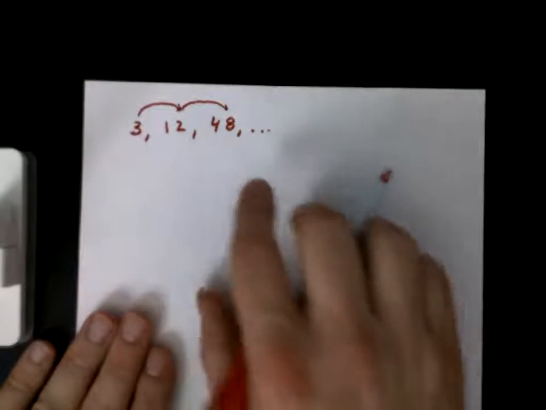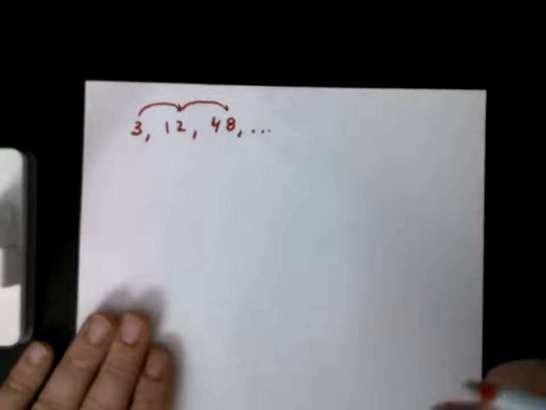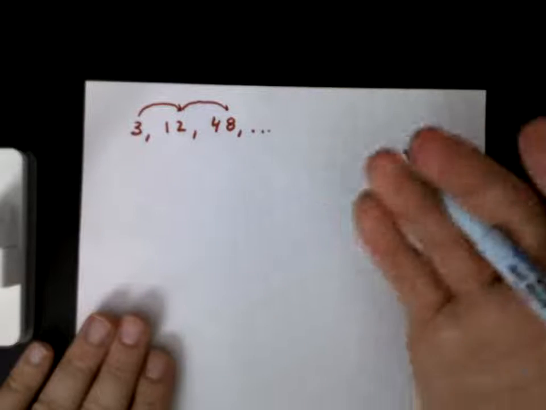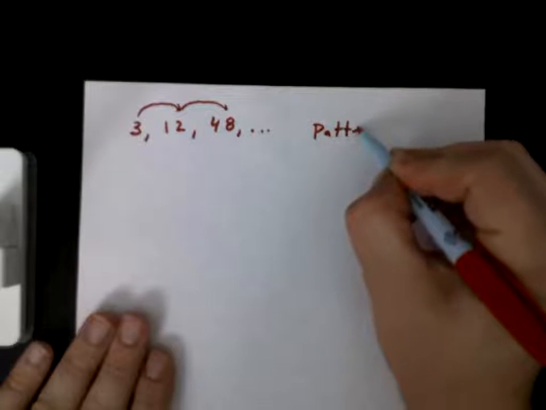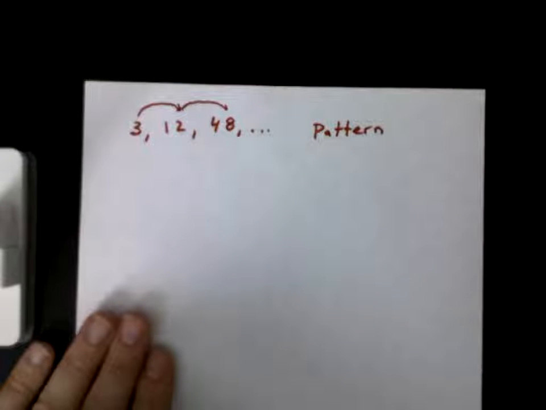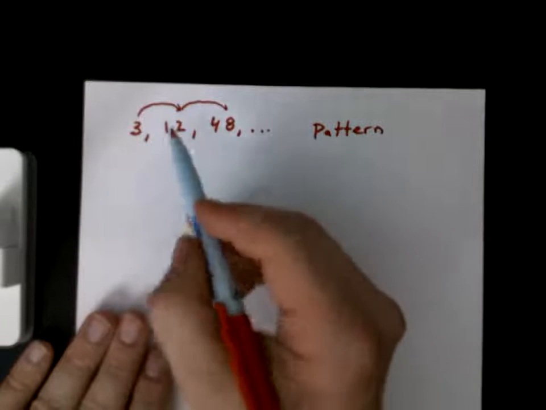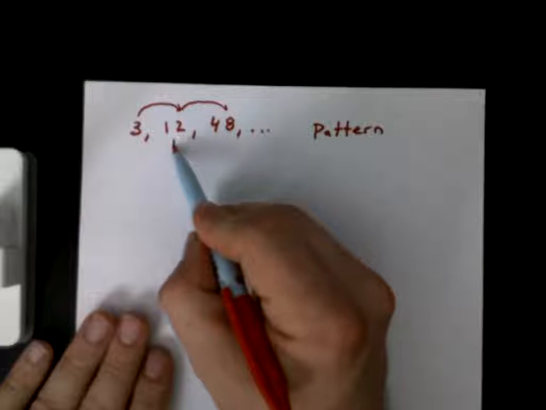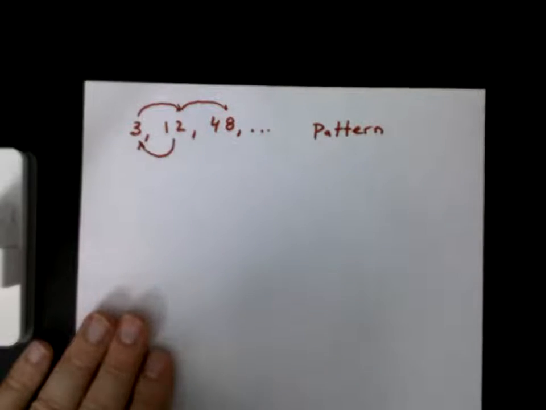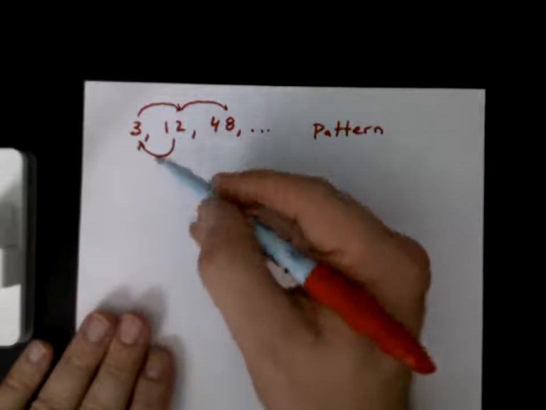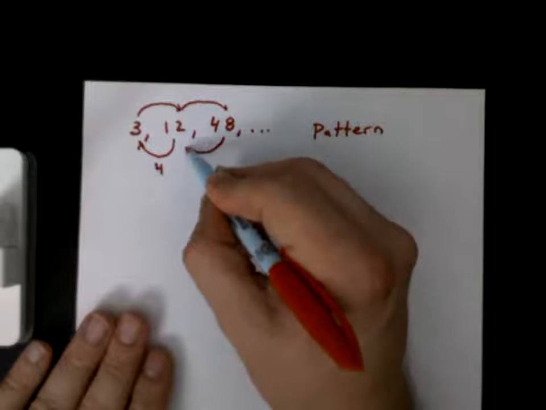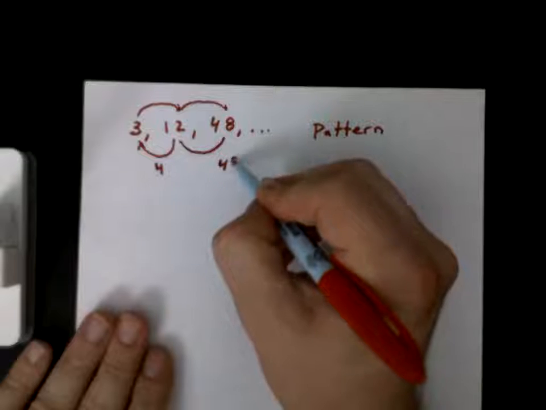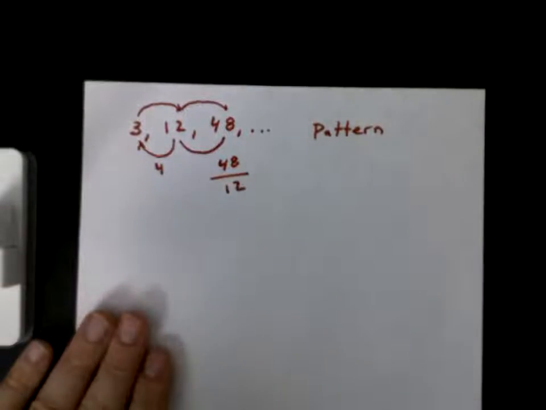But let's take this sequence and say we're sitting here trying to figure out what's going on with this. Do I see what we call a pattern? One way we can do it: we take 48 and divide it by 12.